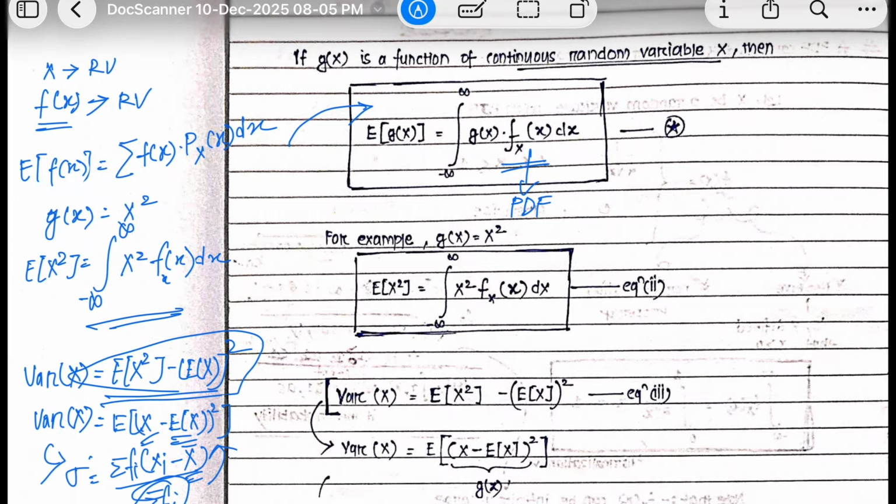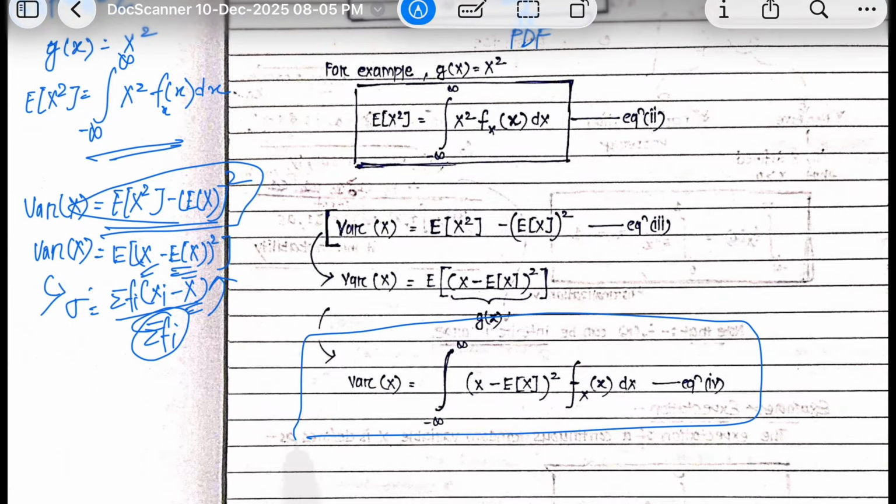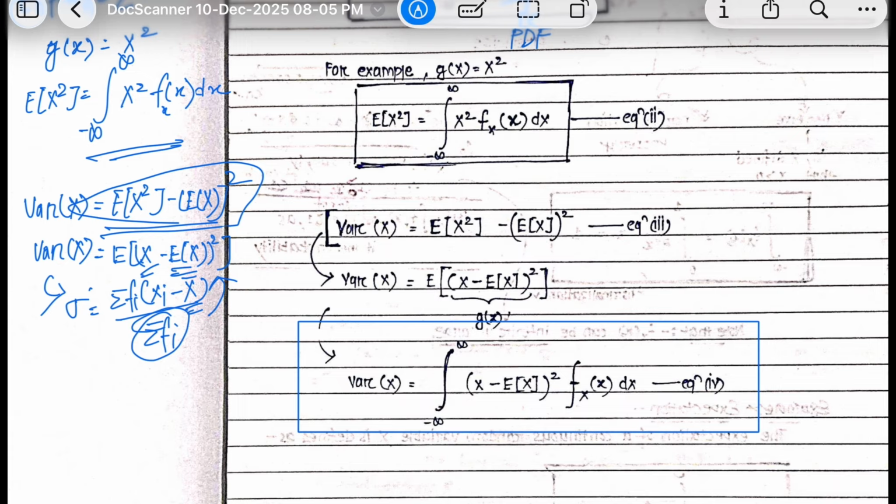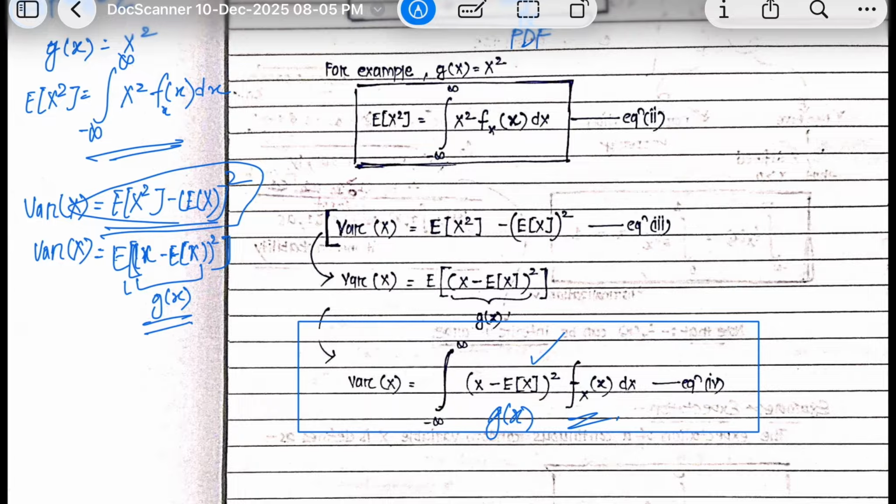So the variance of x from minus infinity to infinity will be x minus the expectation of x whole square, which is a function g of x, and I will be doing g of x times the PDF of x.